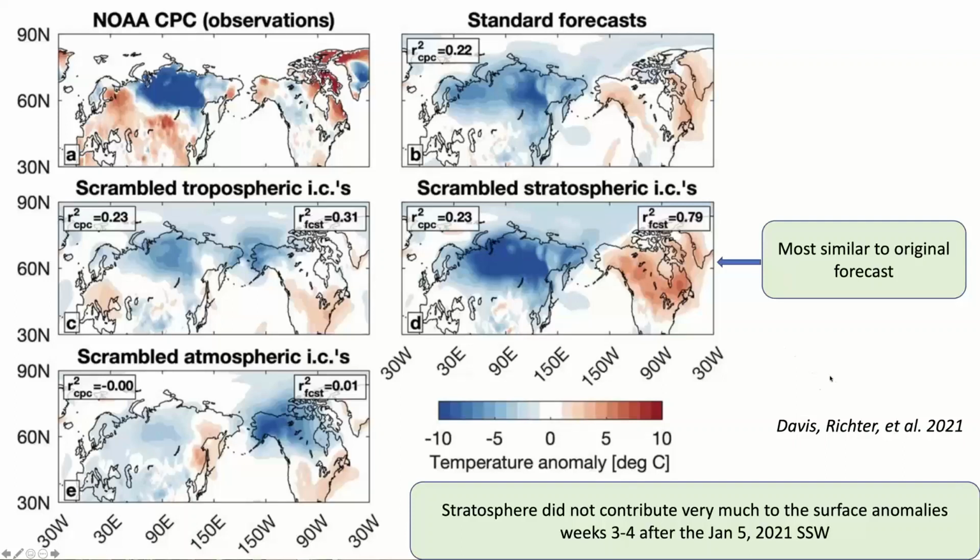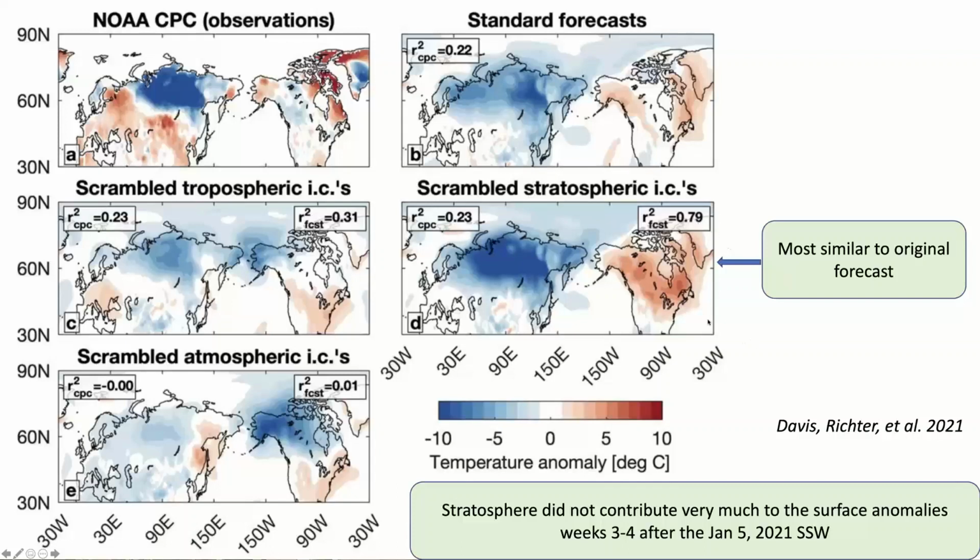In the interest of time, I'll bring your attention to the scrambled stratospheric initial condition one. If you compare it to the standard forecast, it gave you almost the same thing. However, there were no sudden stratospheric warmings in this model simulation. And the correlation coefficient squared to our original forecast is 0.79, so really high.